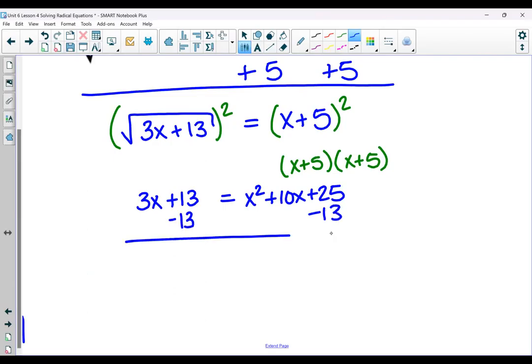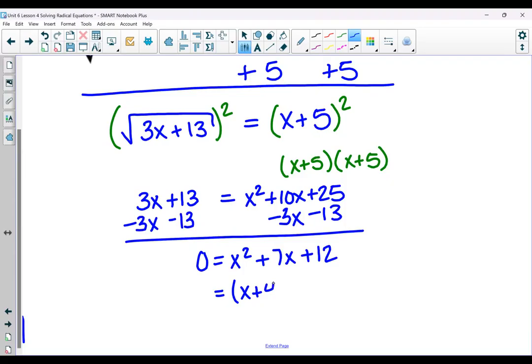We set the equation equal to 0. And our first attempt at solving a quadratic is factoring. This is factorable to x plus 4 times x plus 3, giving us x solutions of -4 and -3.